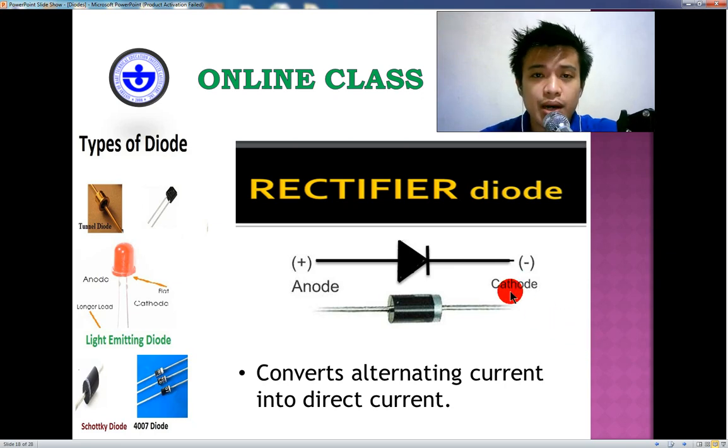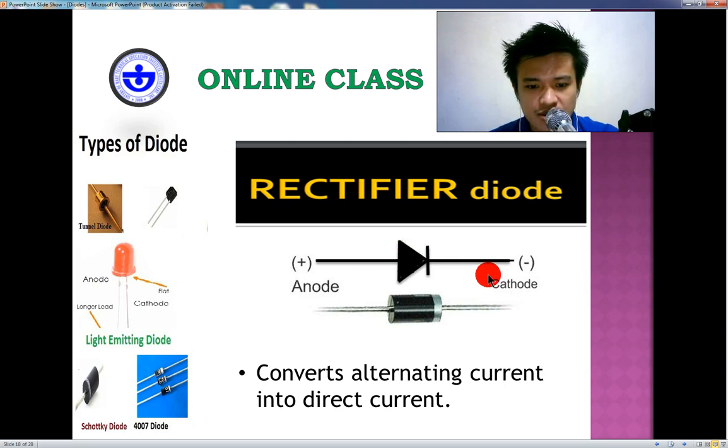Instead, they are powered by direct current. And to produce direct current with the use of a power supply, we really need a rectifier diode or diodes. Of course, there are different types of rectifier circuit. Anyway, we can have it maybe in the next videos. But here, we only have a rectifier diode. Again, its purpose is to convert alternating current towards direct current.